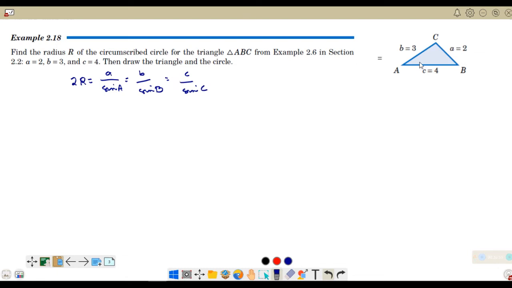Hanap tayo ng radius. Unahin natin syempre si A. Ito si angle A. Hindi natin alam kung ano measurement ni angle A. Right? Tapos, di rin natin alam kung ano yung hypotenuse nito. So, paano natin mahahanap yung radius niya? Okay.